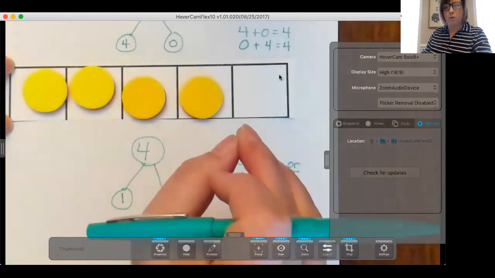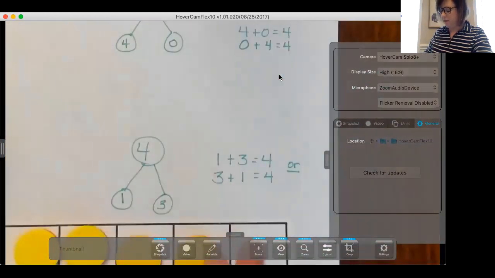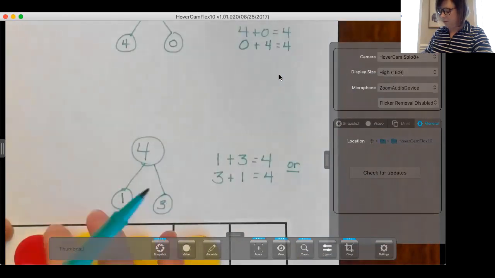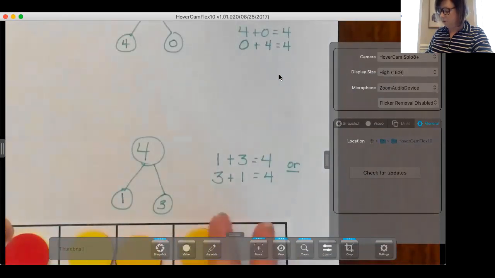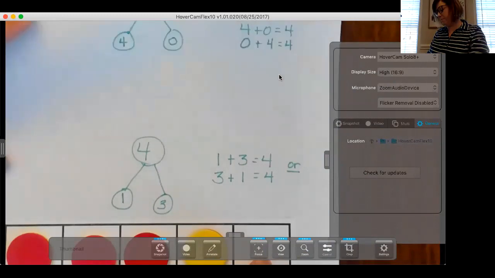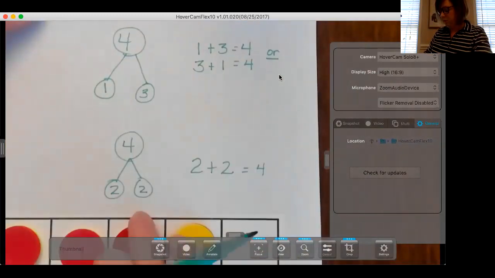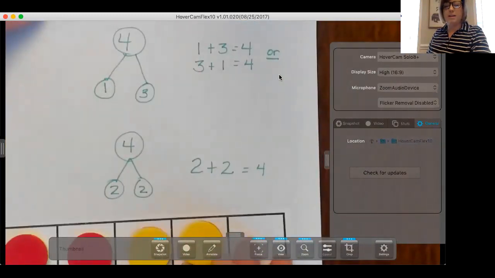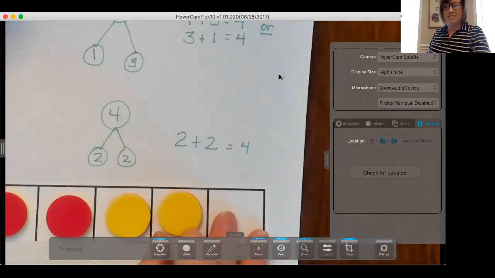All that equals 4. Here we have 1 red and 3 yellows, or 3 reds and 1 yellow is 4. And down here we have 2 of each color, 2 red and 2 yellow. We good?